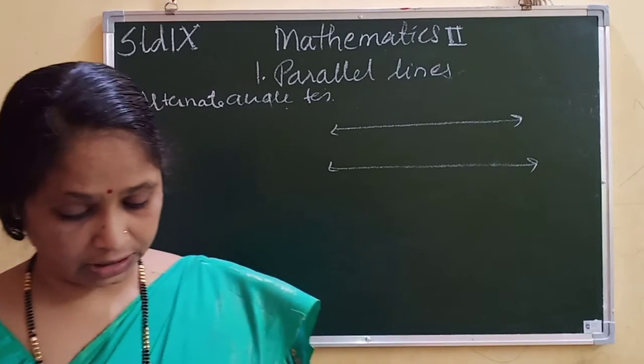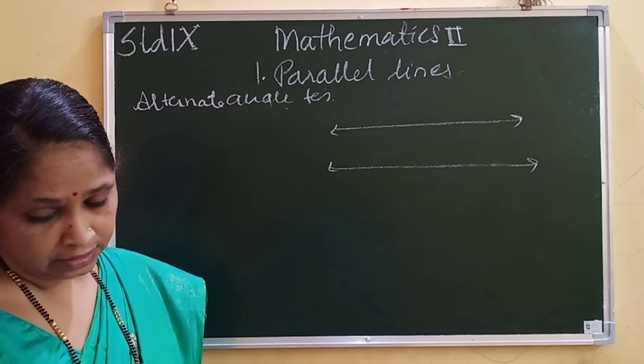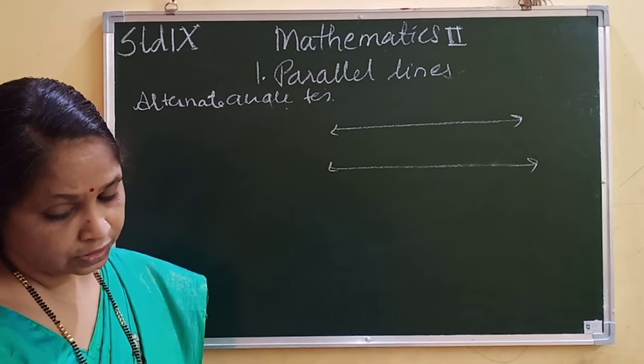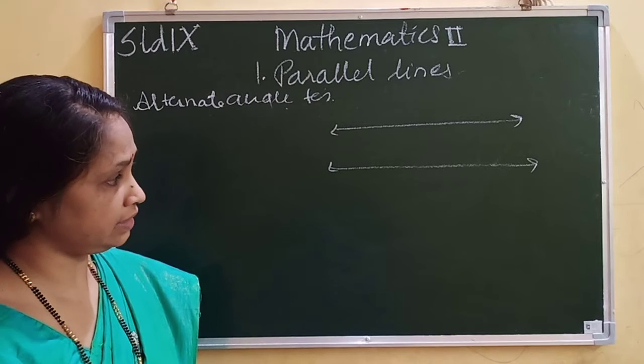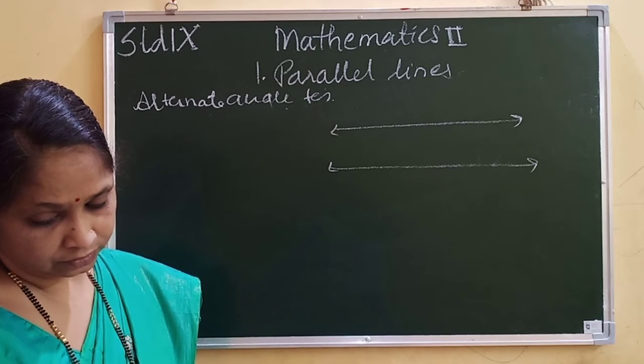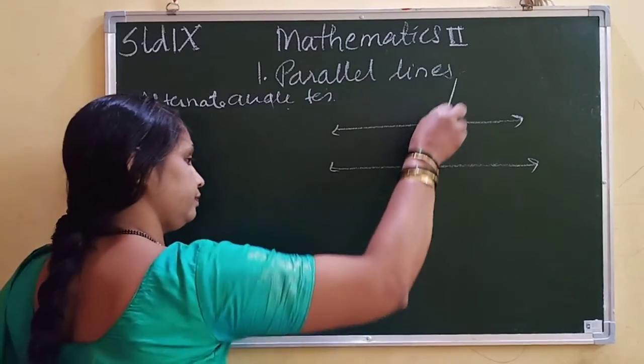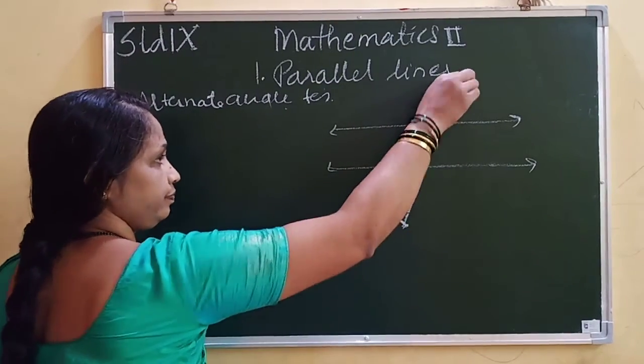Okay. See, if a pair of alternate angles formed by a transversal of two lines is congruent, then the two lines are parallel.